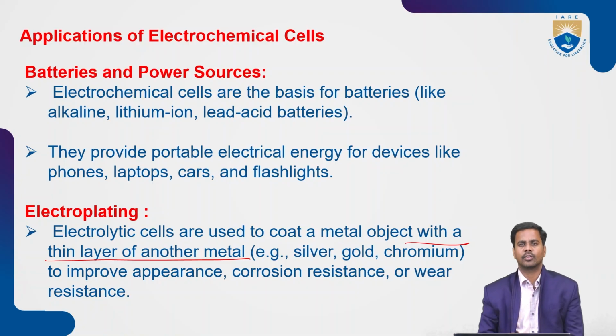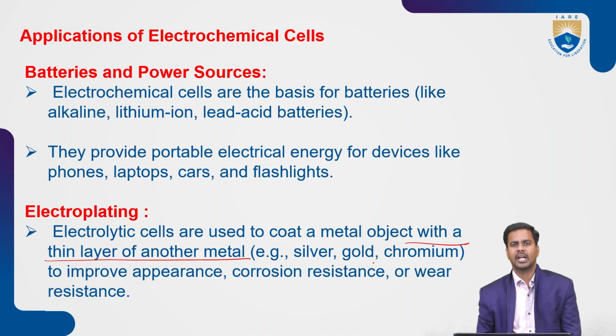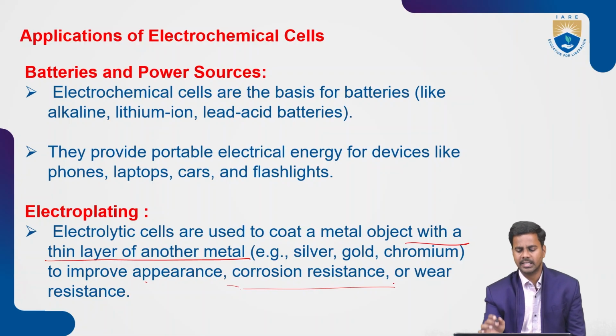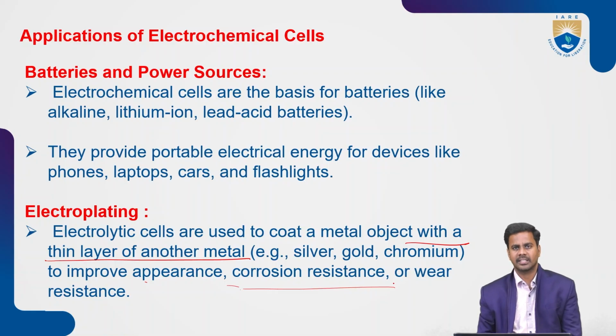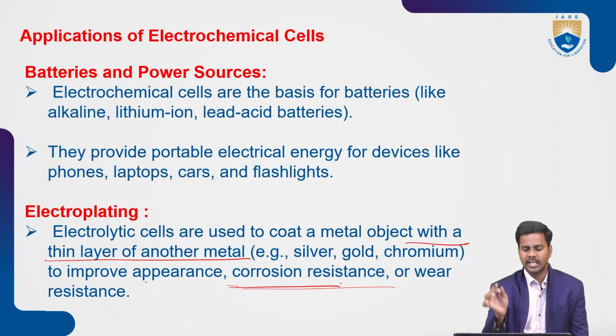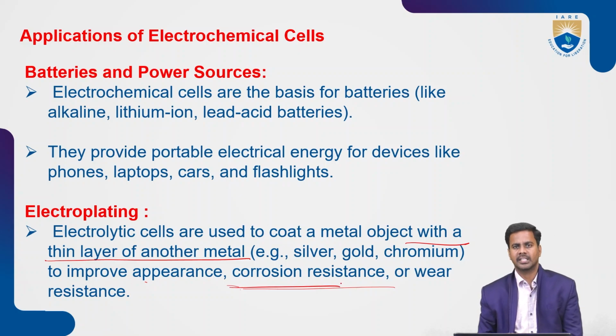Silver, gold, and chromium are used to improve appearance and corrosion resistance or wear resistance. So we can increase the properties of corrosion resistance as well as wear resistance by applying the electroplating process.